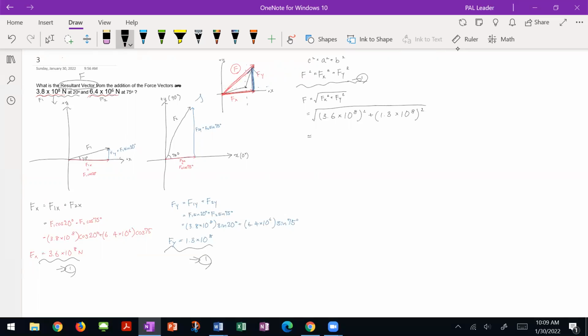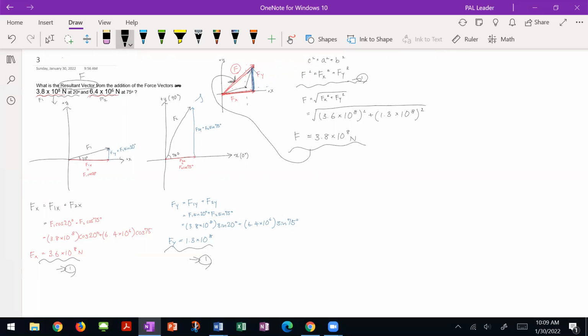If you put that into the calculator, it should come up like 3.8 times 10 to the power of 8. That is this, right? That is this.